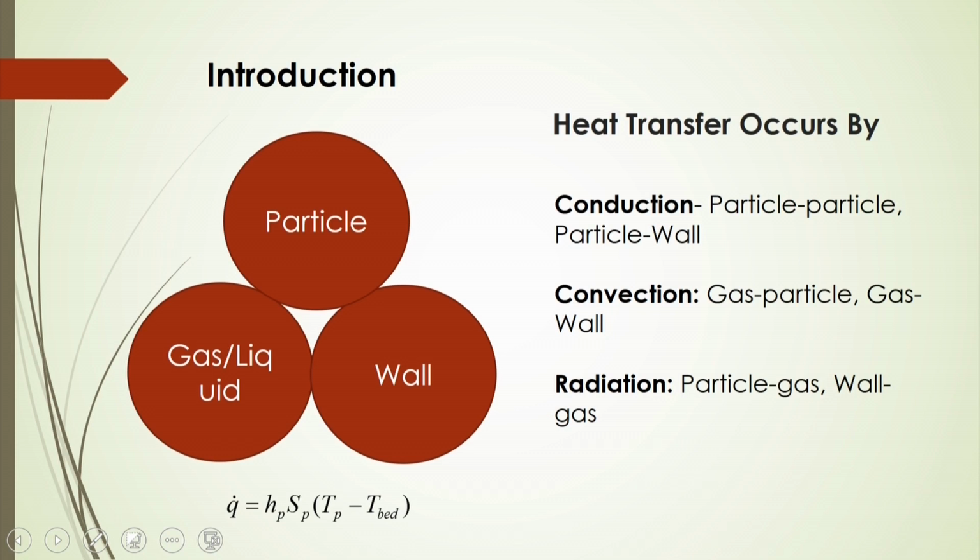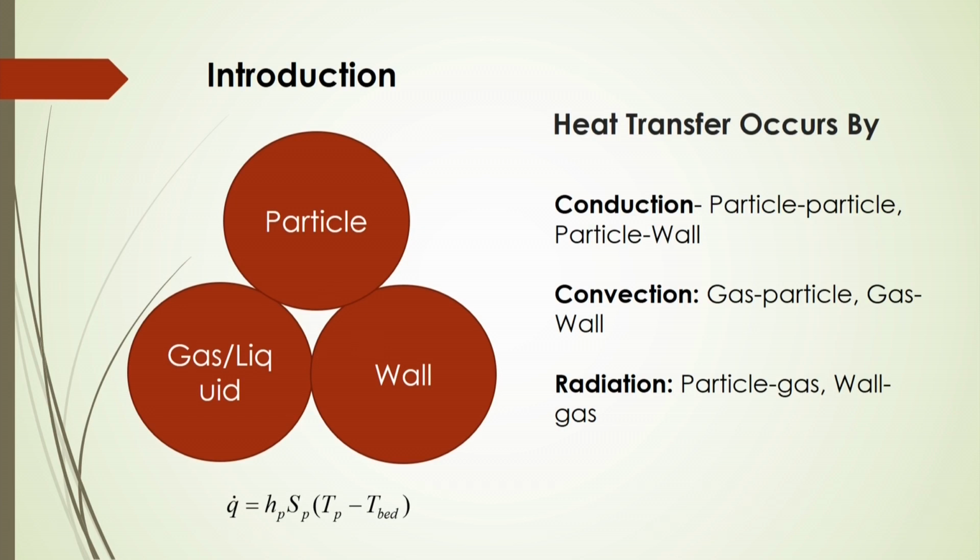And in this picture you will see that if we consider here this is a particle and wall and then gas liquid phase here, then there will be a heat transfer between this particle and gas liquid or gas liquid mixture. Here gas liquid or gas liquid mixture with wall, even particle and wall. So, the three ways this heat transfer will occur inside the fluidized bed.